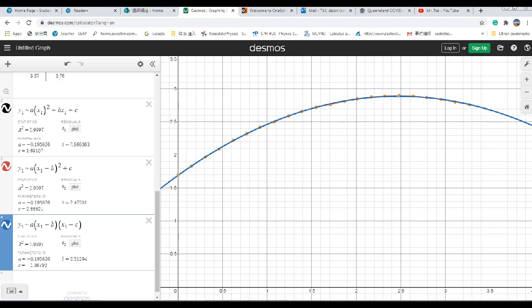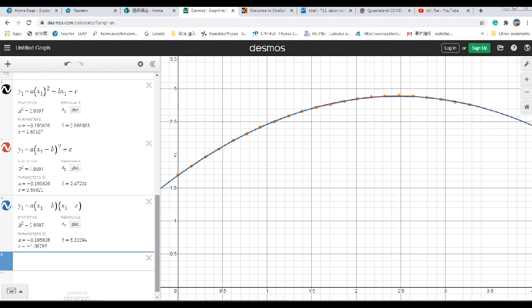Of course, they are coming from the same set of data, but this time you see A, B, C represent different things. A is still the same, but B and C are now representing the x-intercepts.